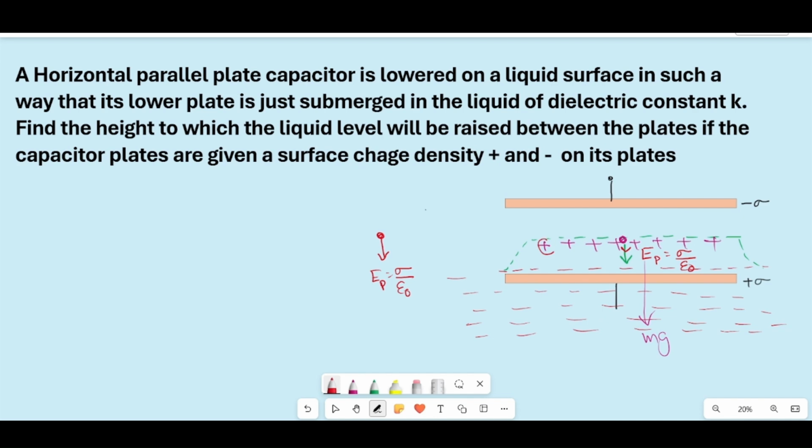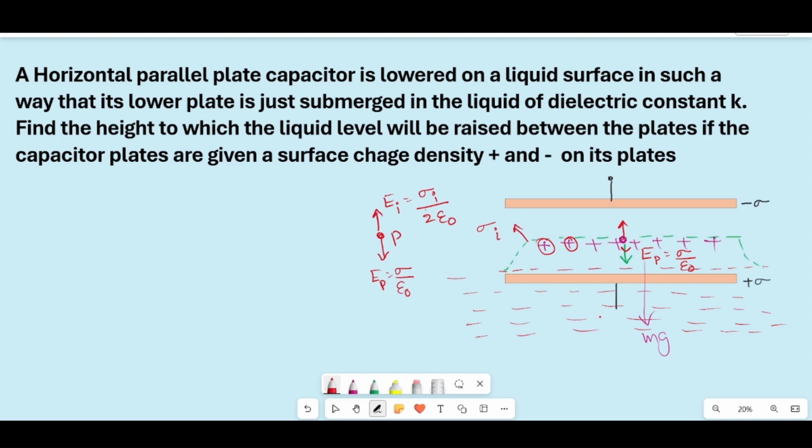And here the induced charge is there. The induced charge density we write as sigma I. Due to that, at point P the electric field acts in the upward direction, so the induced electric field is sigma I by 2 epsilon naught. So what is the net electric field E at point P?